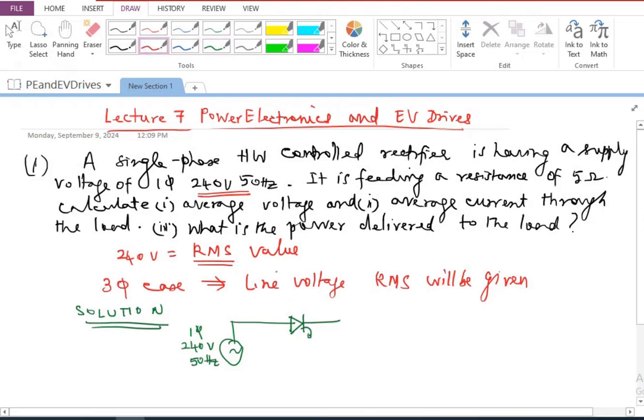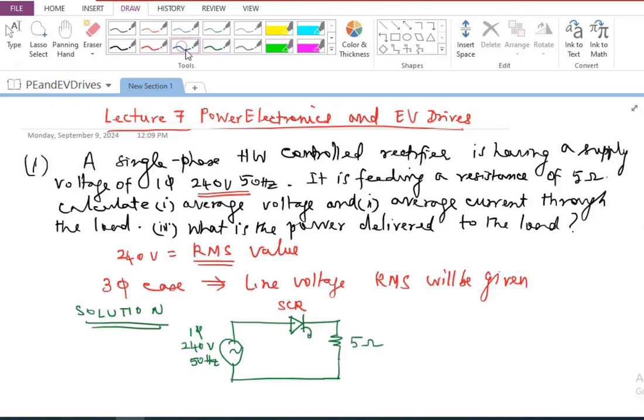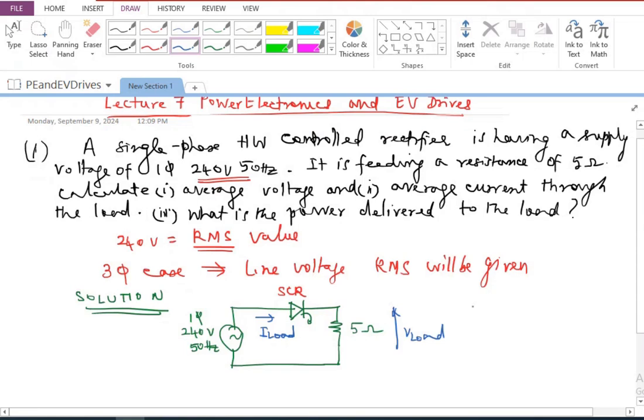And we are looking at a resistance of 5 ohms being fed. Now, what we need to calculate is the load voltage and the load current that is flowing, average value, and what is the power. These are the three things that are being asked.